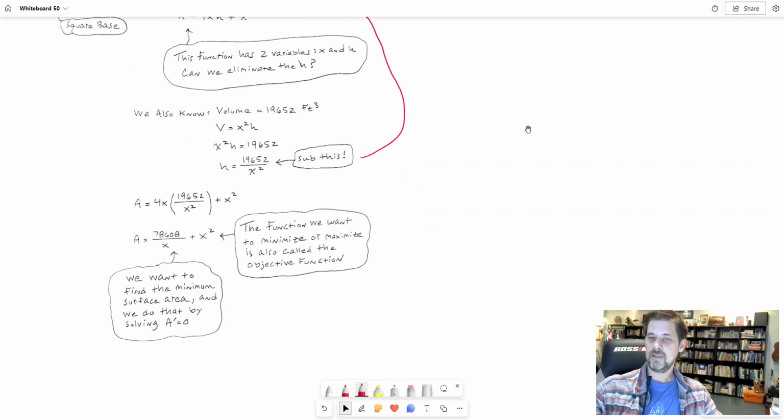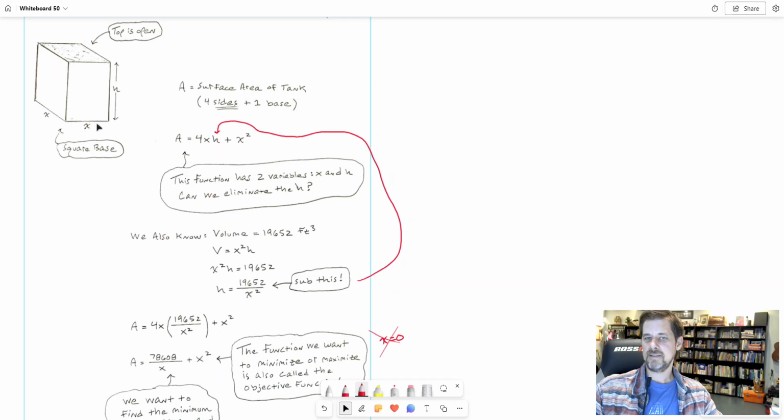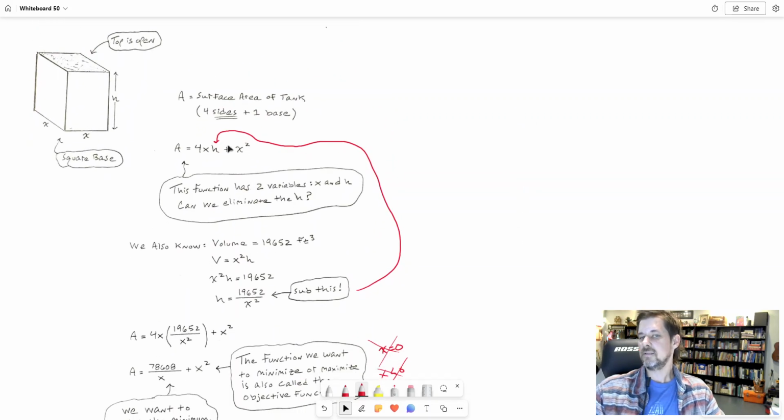So for that function, x equals 0 is no good, right? You can't really have a box if the base is 0 feet by 0 feet, so that's out. But also because it's a measurement of length, x being a negative number is also out of the question, because it wouldn't be sensible to say that the length of the base was -2 feet or negative anything feet.